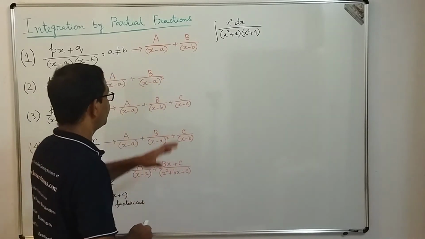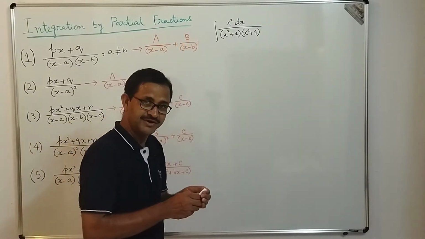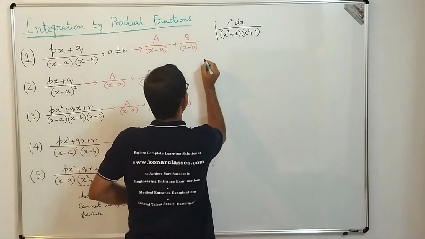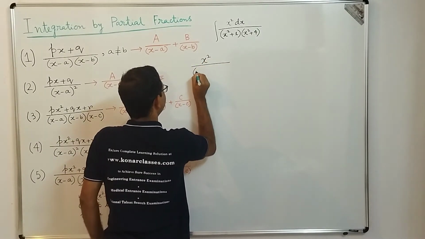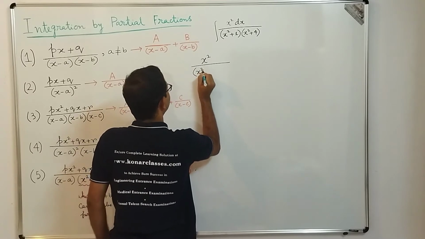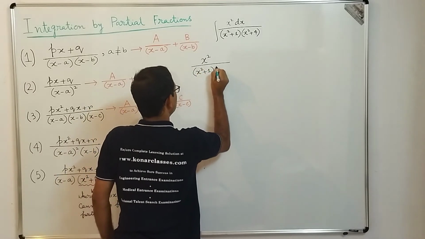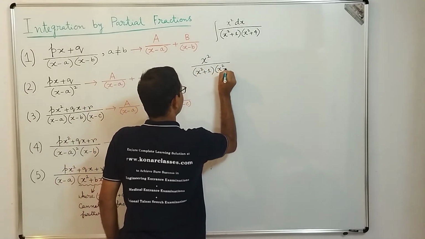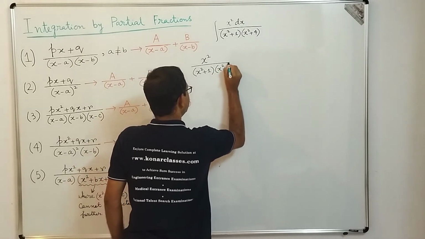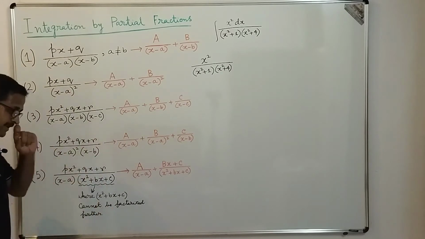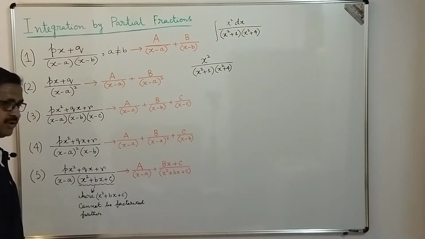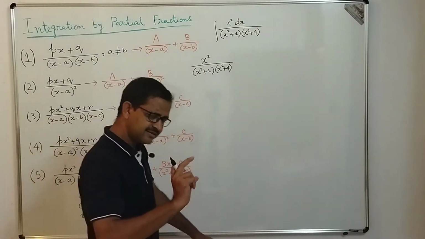If you look into this integrand, what is the integrand here? The integrand here is x square divided by x square plus 1 into x square plus 4. If you look into this expression, it's not coming into any of these categories directly, correct or not? So what to do? Let us think.